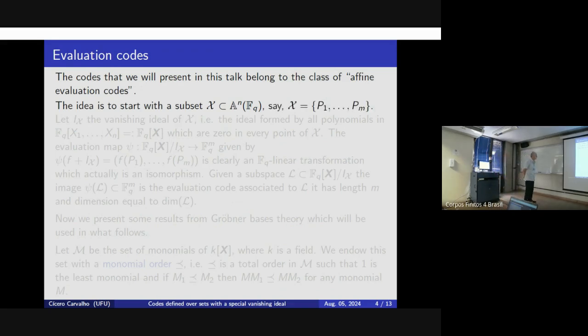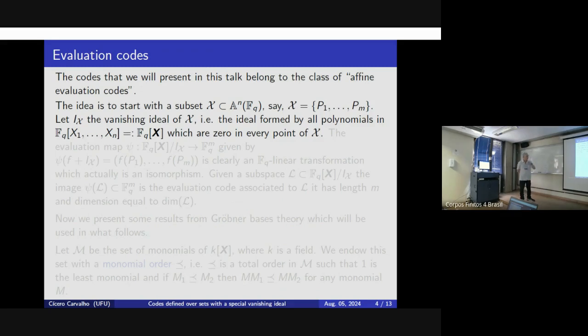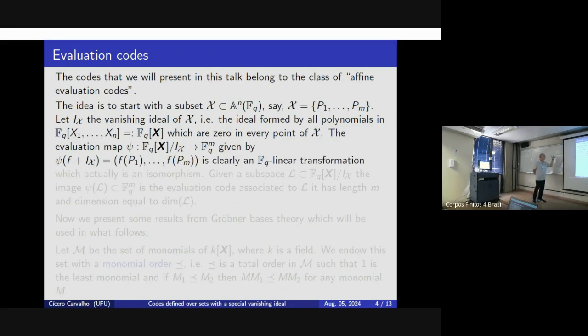So this is just a set of points, and I denote by I(X) the vanishing ideal of X, which means the ideal formed by all polynomials in this polynomial ring which are 0 at every point of X. Let's define the evaluation map psi, which goes from this quotient ring to Fq^m, where you take the class of a polynomial and evaluate it at the points. Of course, this is well defined. This is clearly an Fq-linear transformation.